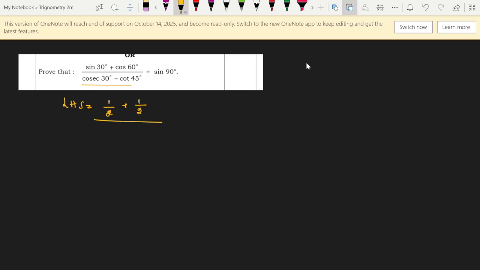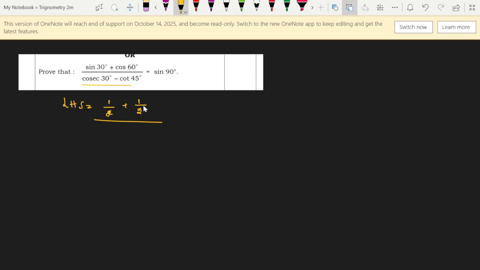Always remember 30 and 60 are friends. Sin 30 is equal to cos 60, cos 30 is equal to sin 60. If you just remember any one value, that is sufficient. Cos 30 is root 3 by 2, so sin 60 must be root 3 by 2.